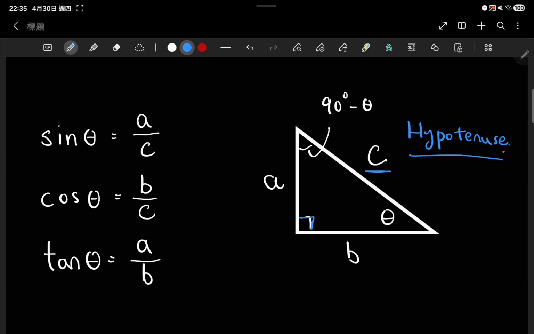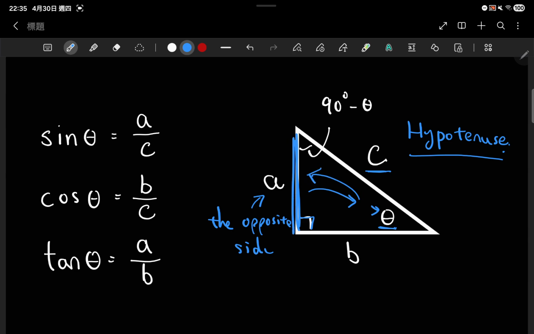Next, what is the opposite side? This is the opposite side, based on the angle we are looking at, the theta angle. How to find the opposite side? The angle theta is opposite to A, right?